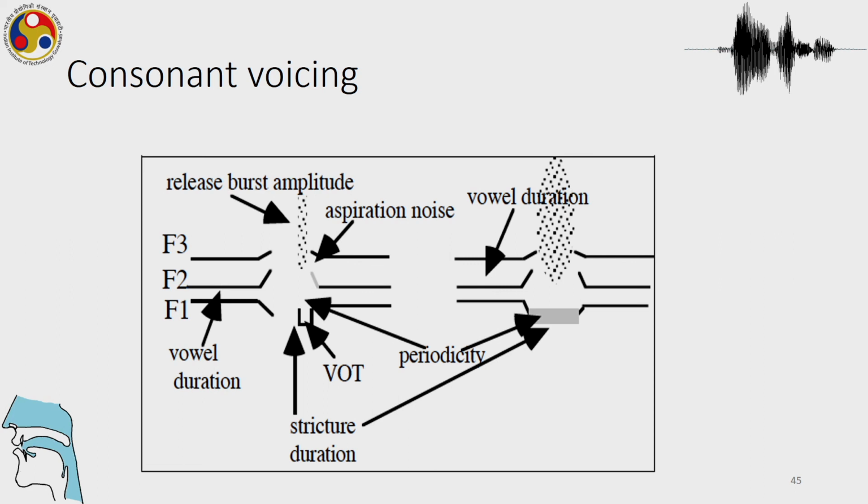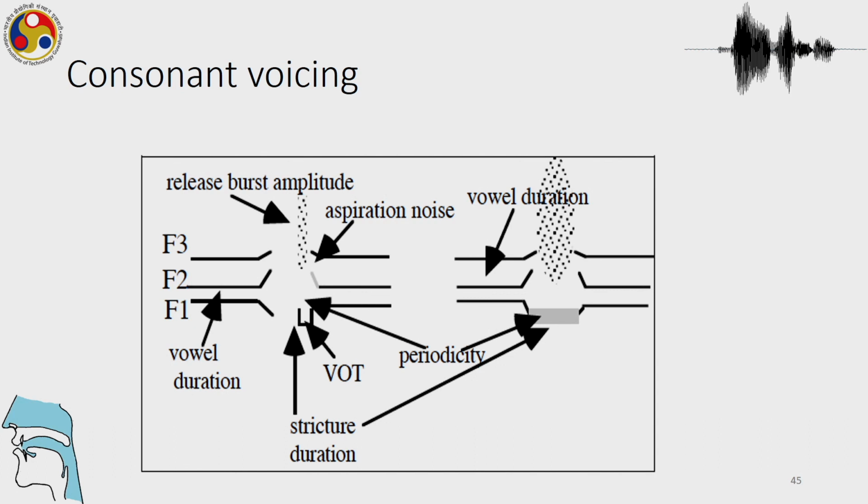So we have already seen how voicing is effectively cued by VOT, the voice onset time. That is important, but apart from that, there are also other cues, not just the sole cue for voicing. We have vowel duration, which can be longer for voiced consonants than for voiceless consonants. The stricture duration could be longer for voiced than voiceless consonants.